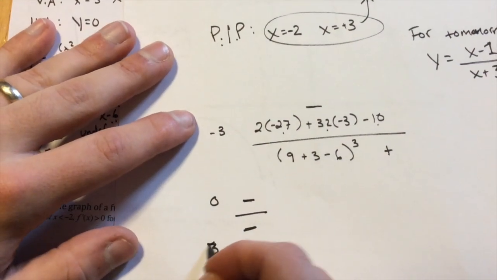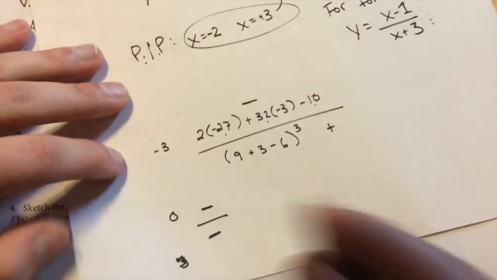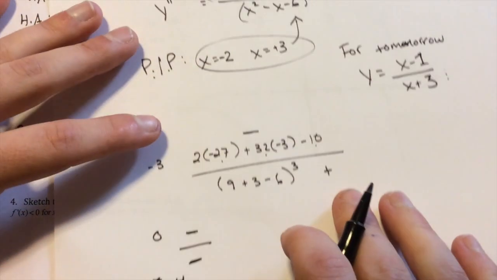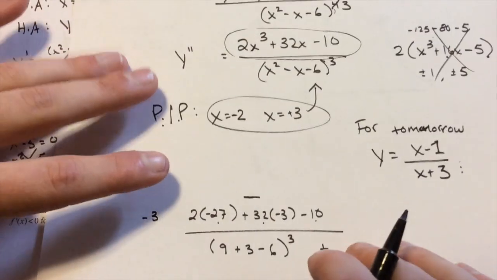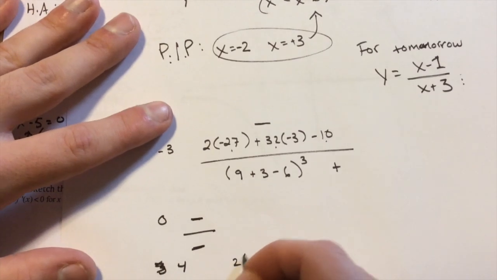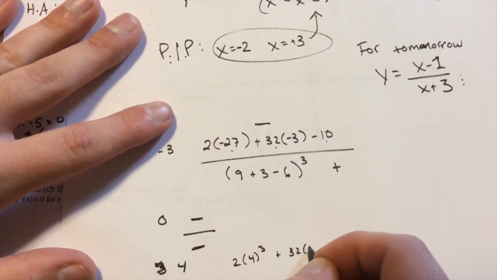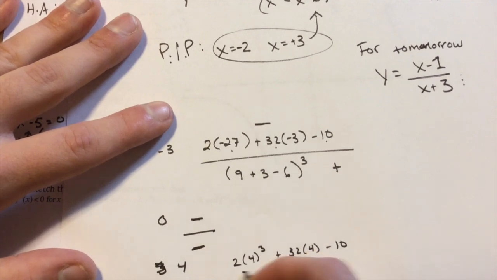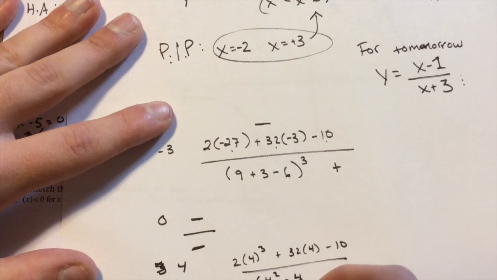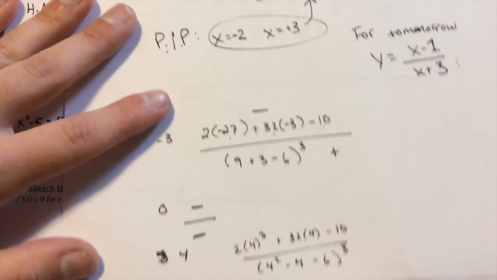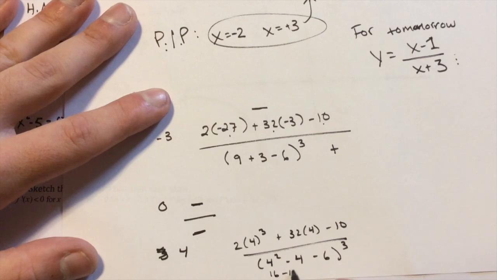And let's just double check. If I plugged in 4 to my second derivative, I would have 2 times 4 cubed plus 32 times 4 minus 10 over 4 squared minus 4 minus 6 cubed. 4 squared is 16 minus 10, so that's positive.